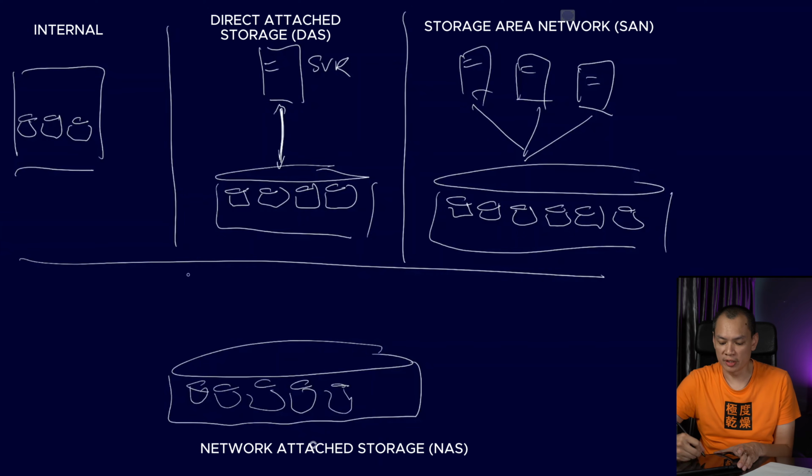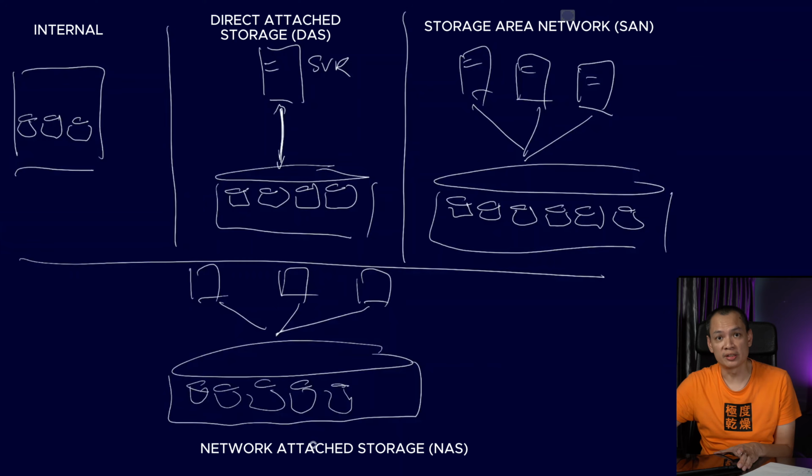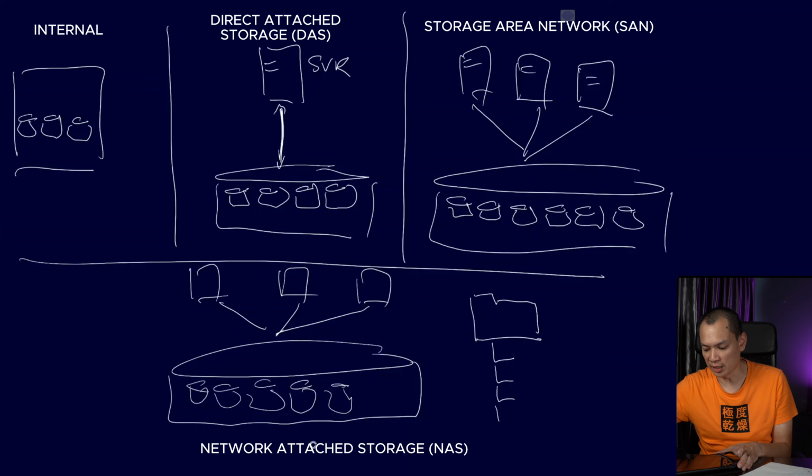But the difference here is, instead of presenting volumes or capacity, it actually presented folders. And in those folders, multiple files. And this typically is connected over a traditional IP network, and it could be also your laptop or just normal servers in general. But instead of creating volumes, it stores files. And this is what we call the NAS.